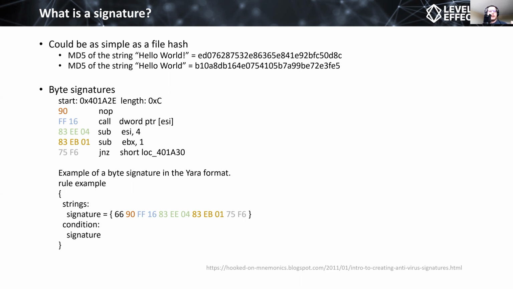In my example here on the slide, you can see how I MD5 hashed "hello world" with an exclamation point on the first line. And then I did it again without the exclamation point, and it's a completely different ID, right? The hash is just a mathematical algorithm that computes this ID from the data you give it.